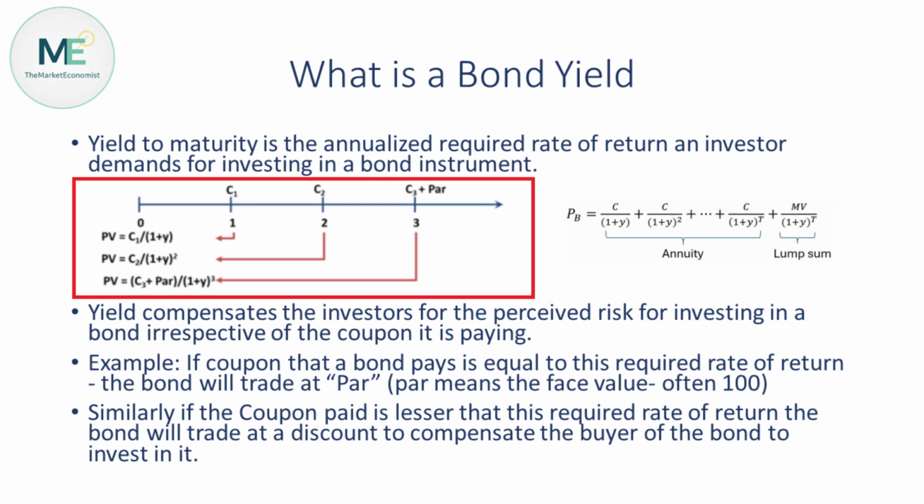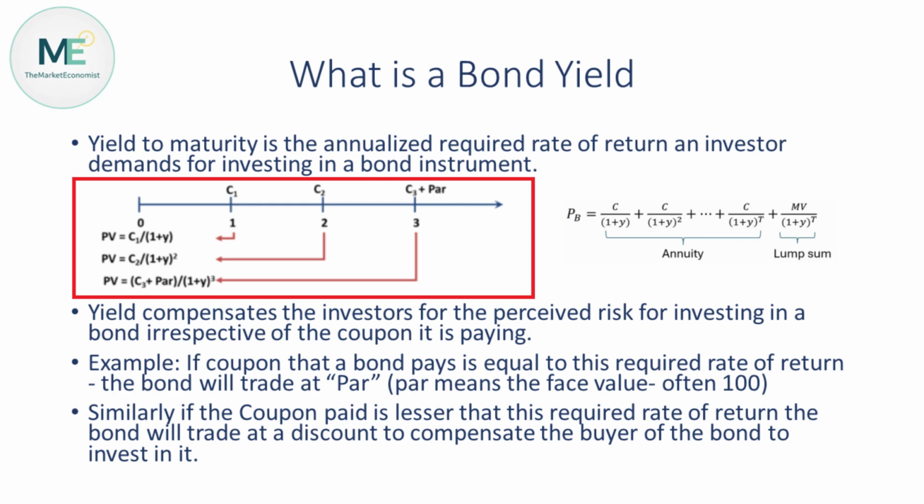At the end of the first year it pays coupon C1, at the end of the second year coupon C2, and at the end of the third year, that is at maturity, it pays coupon C3 plus the par you had invested.